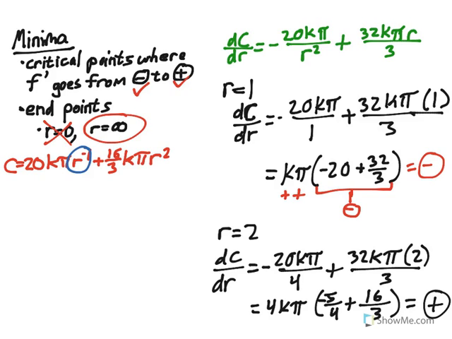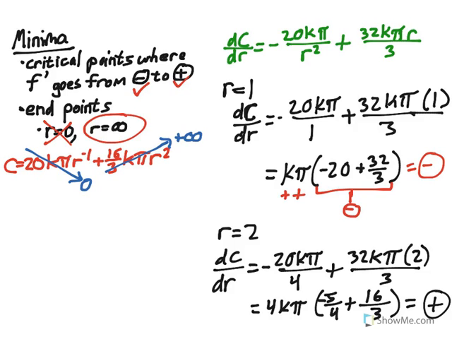Well, if you look at this term, that's r to the negative first, and so infinity to the negative first power makes this whole term 0. And then this whole term, because it's got an r squared, is going to become a positive infinity. So as r approaches infinity, C approaches infinity as well. So r equals infinity is not going to be a minimum.